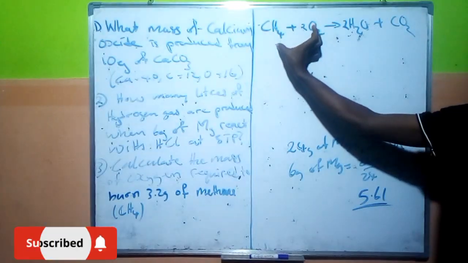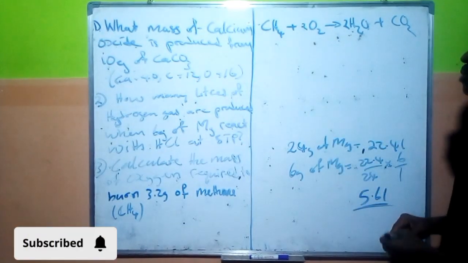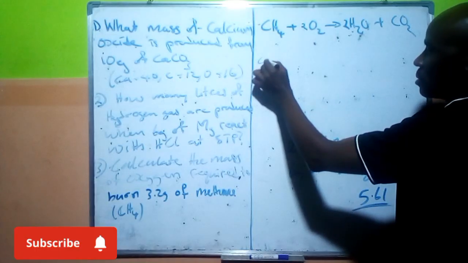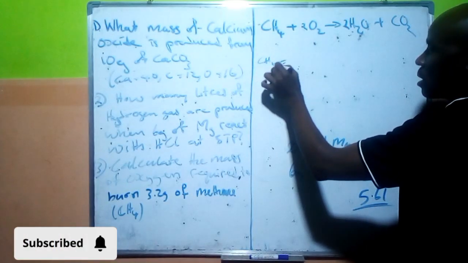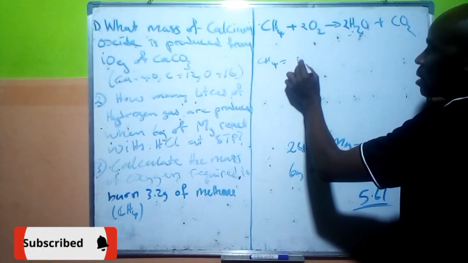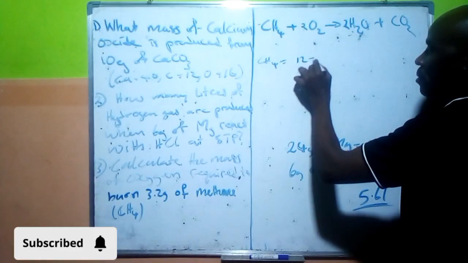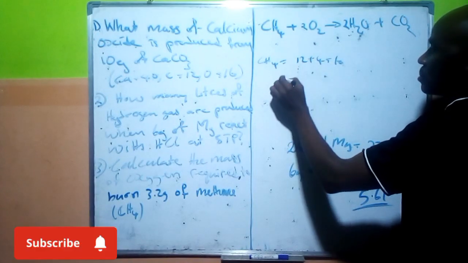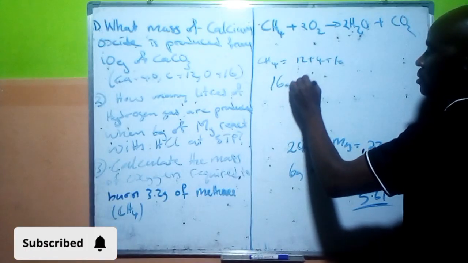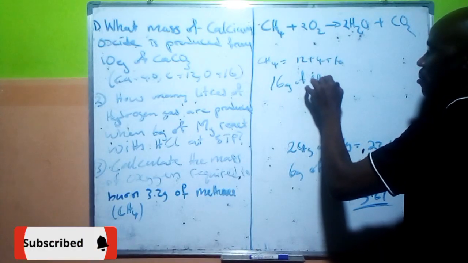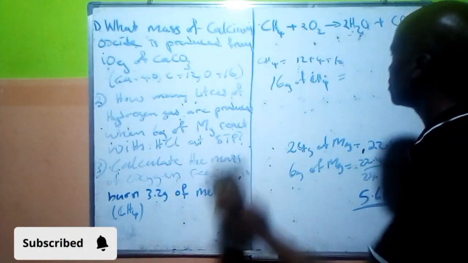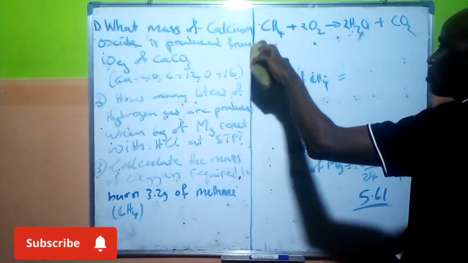We look at the relationship they have here. The mass involved for methane: carbon is 12 plus 4, we have 16. So 16 grams of methane. I believe you're following.